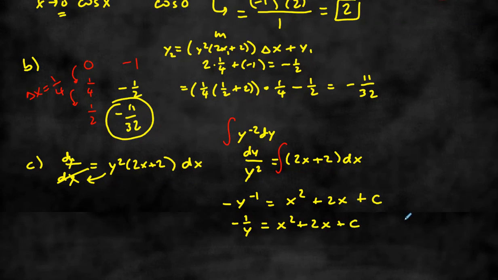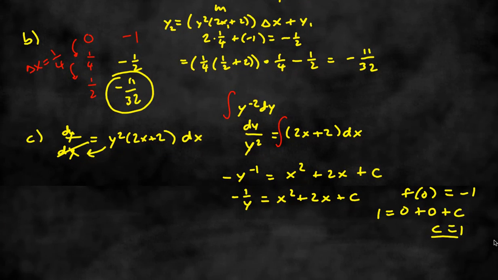We know that f of 0 or y of 0 is equal to negative 1. When we substitute in all these things, y is negative 1. So we get negative 1 over negative 1, which is just 1. All the x's are zeros. It looks like c is 1.